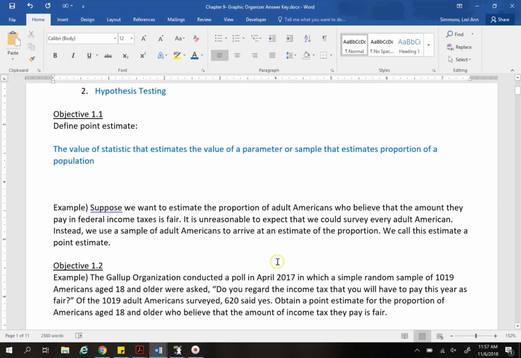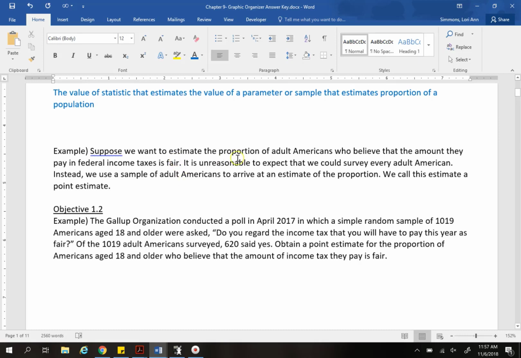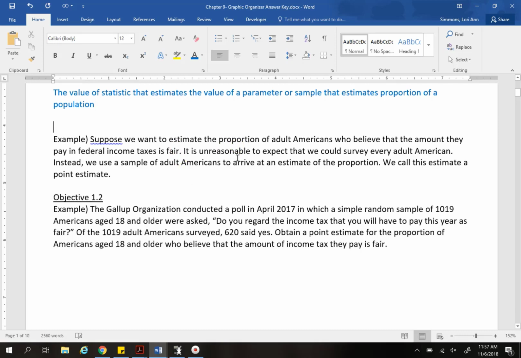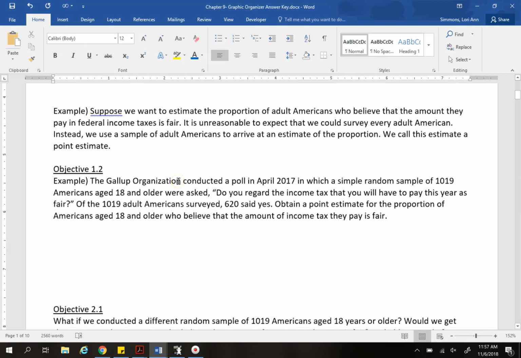So let's look at an example. Suppose we want to estimate the proportion of adult Americans who believe that the amount they pay in federal income tax is fair. We've talked about how it is unreasonable to expect that we would survey every adult American. So instead, we take a sample of adult Americans to arrive at this estimate of the proportion. We call this estimate a point estimate.